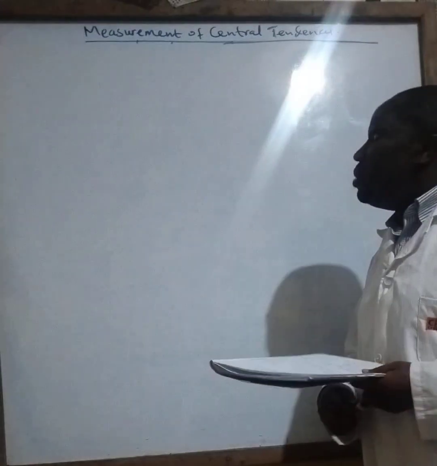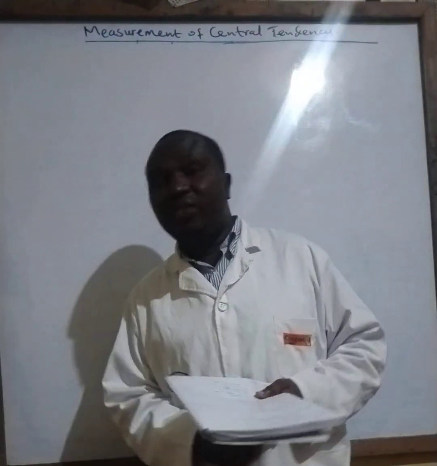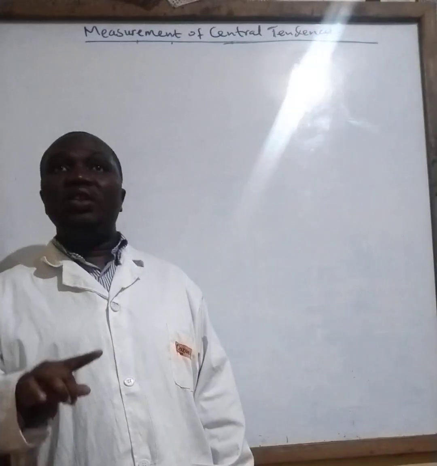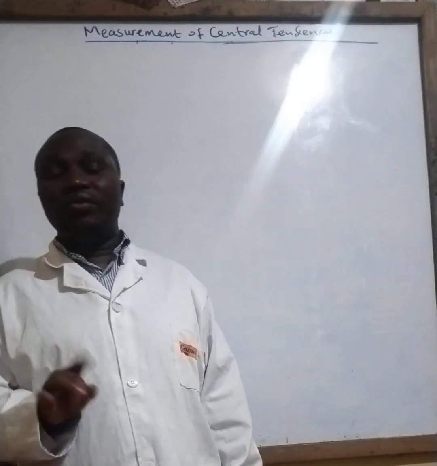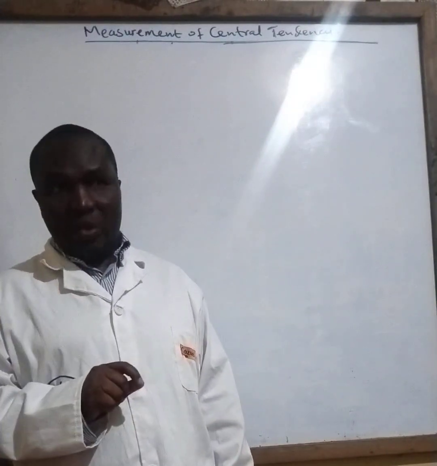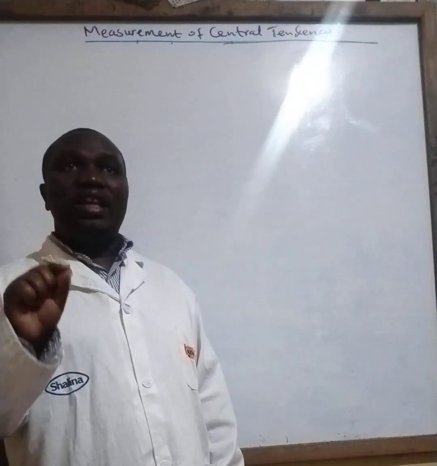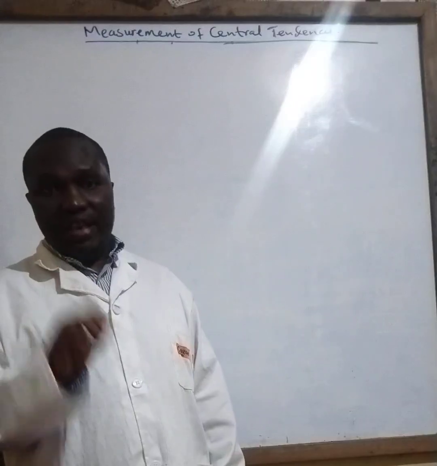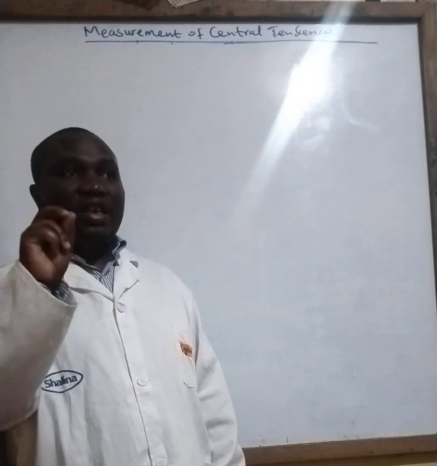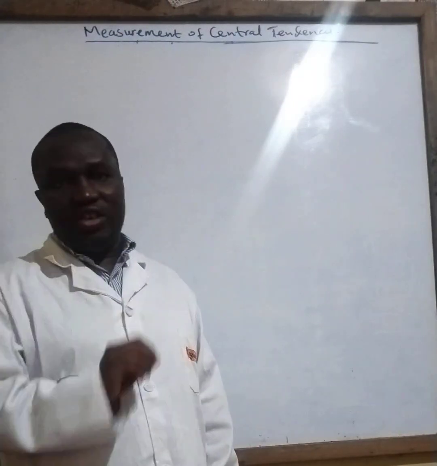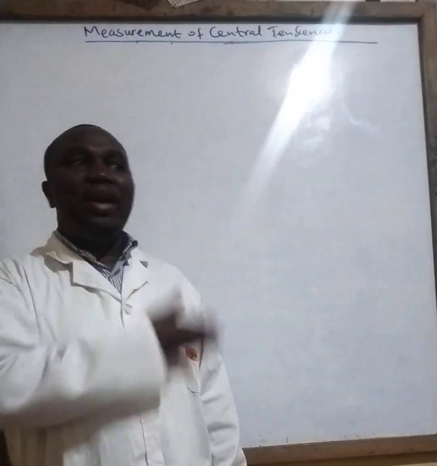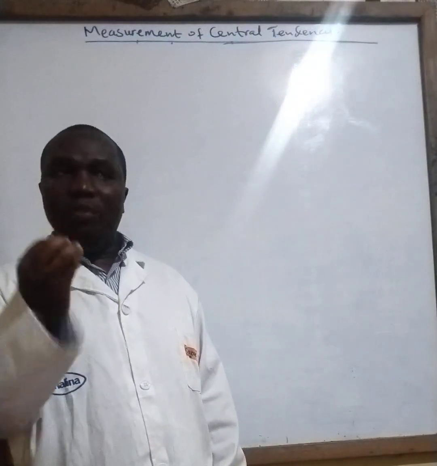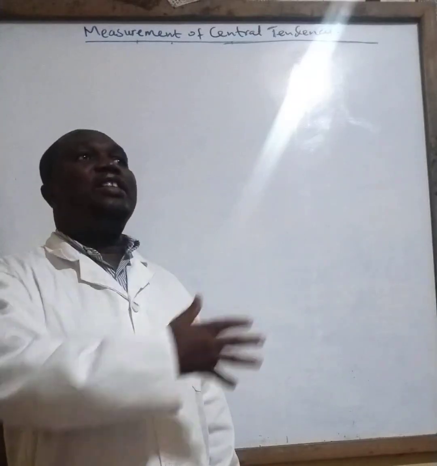Now, when we talk about measurement of central tendency, we are actually referring to a particular figure that can be used to represent the entire data of that particular statistics, or something that can represent the entire population. What do we call it? Central tendency. This central tendency value is very critical for summarizing the entire population. That is to say, only one value is able to represent and show you the entire population.